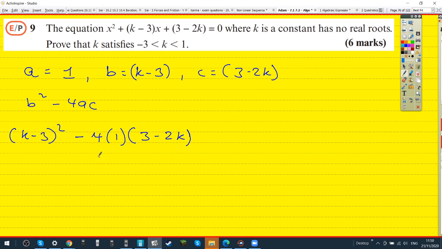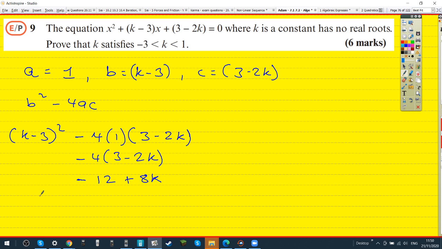So then you can do minus 4 brackets 3 minus 2k. And then you could multiply minus 4 by everything in the bracket, which will give you minus 12 plus 8k. And then it would be k minus 3 brackets squared.